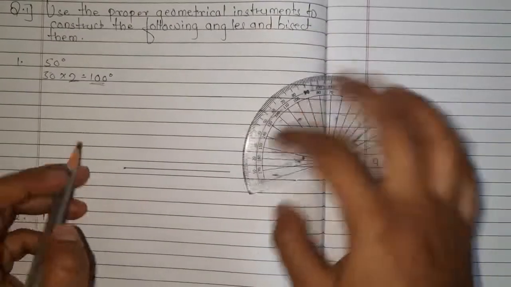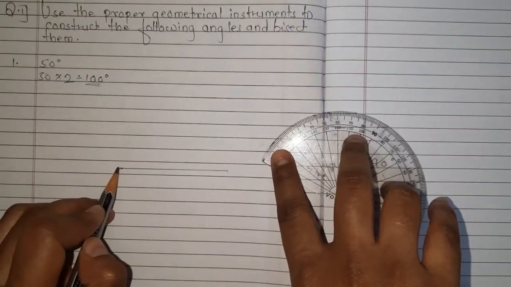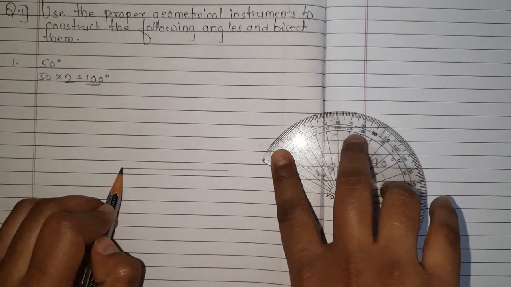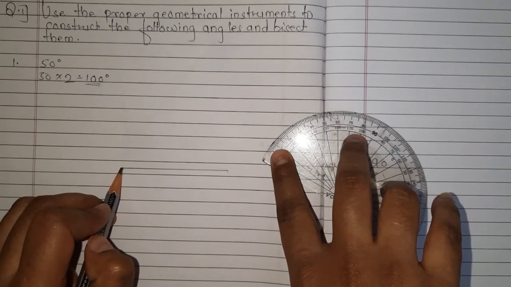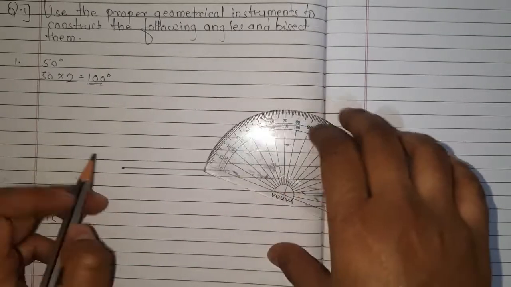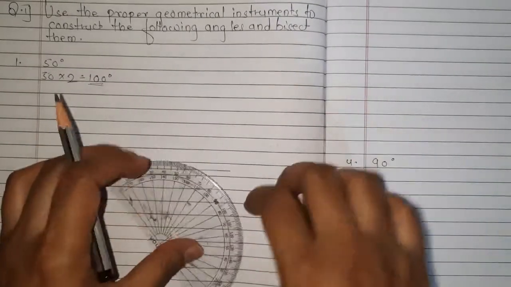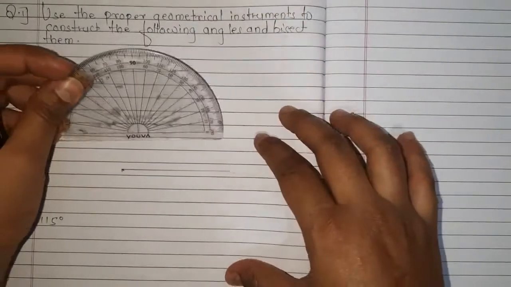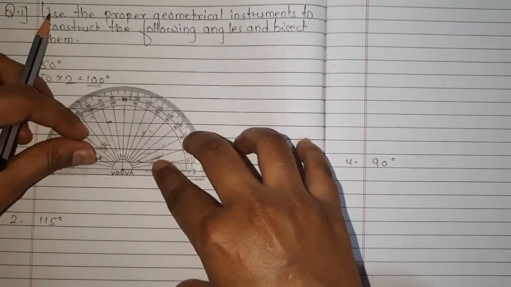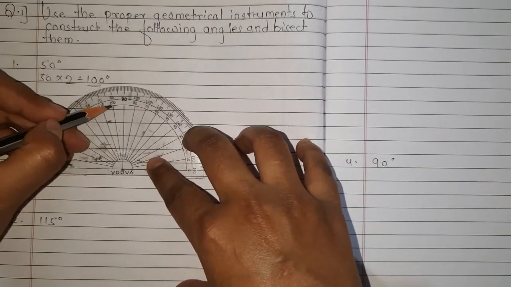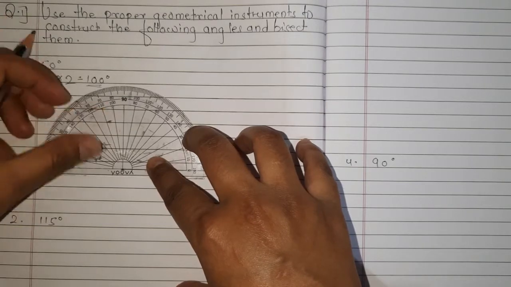Now here I have marked the vertex of the angle on my left hand side. So as I have marked this on the left hand side, we have to consider the measurements given on the inner side of the protractor.